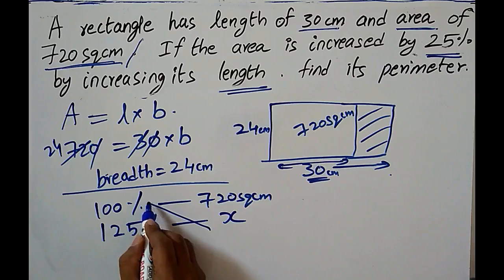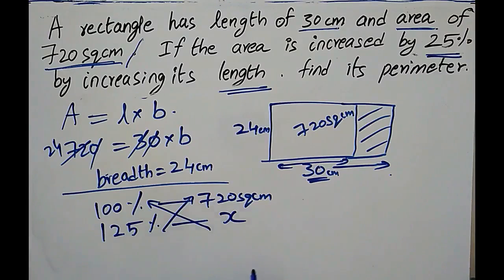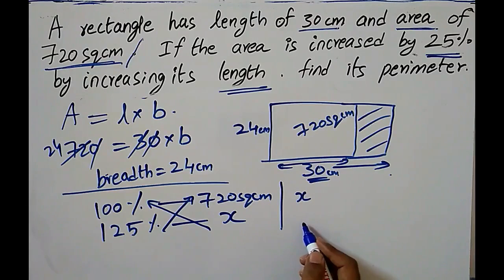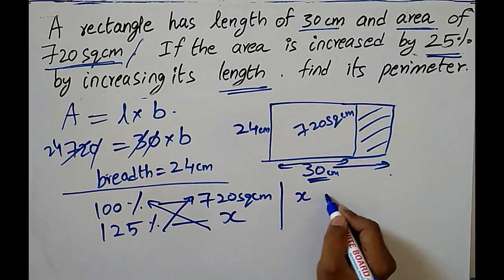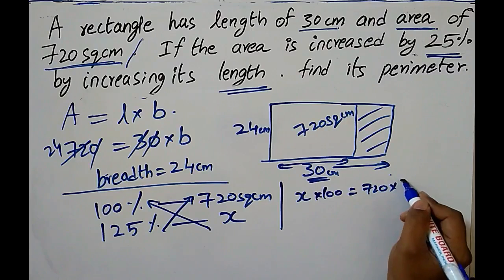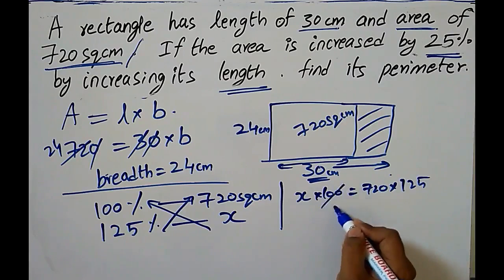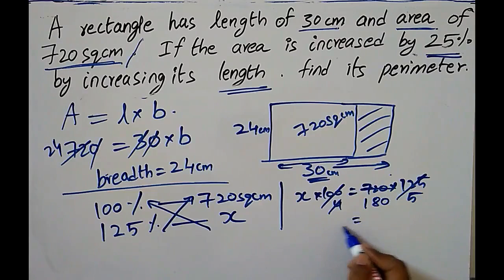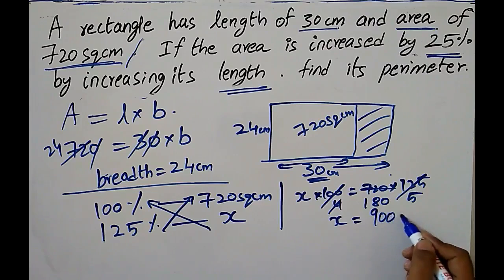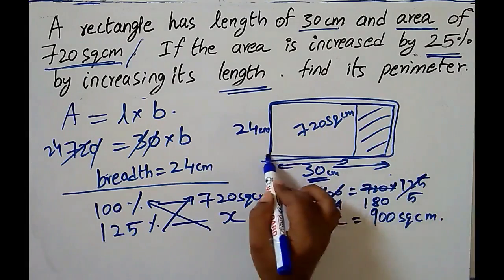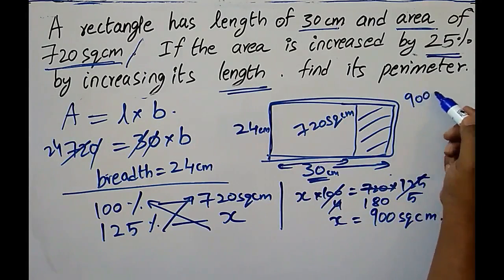So cross multiply, we will get x into 100 is equal to 720 into 125. 25 4s are 100, 25 5s are 125, so x is equal to 900 square centimeters. So this increased area is nothing but 900 square centimeters.